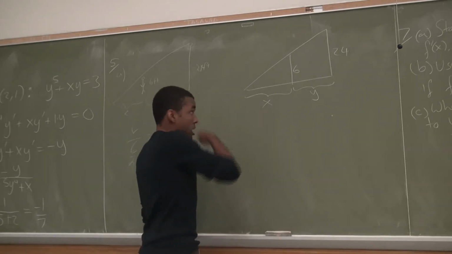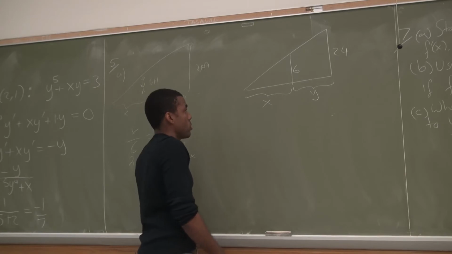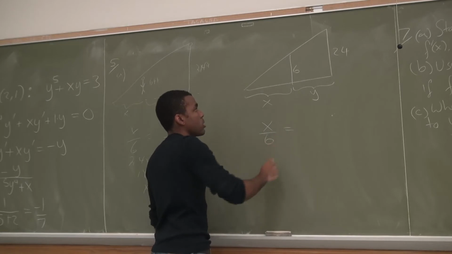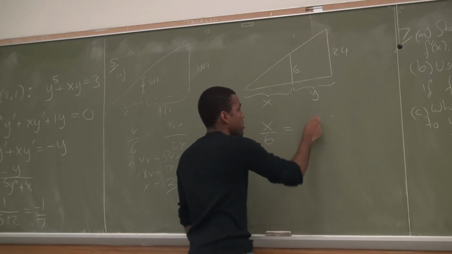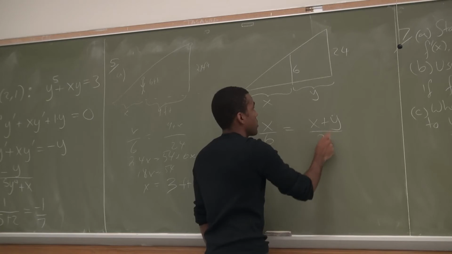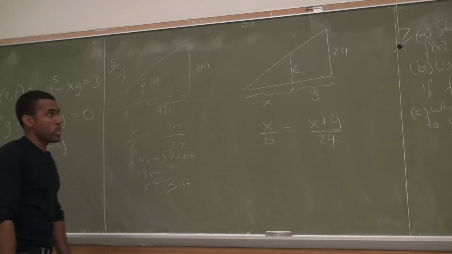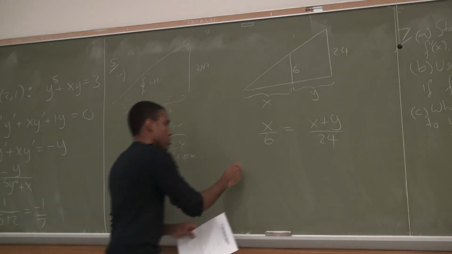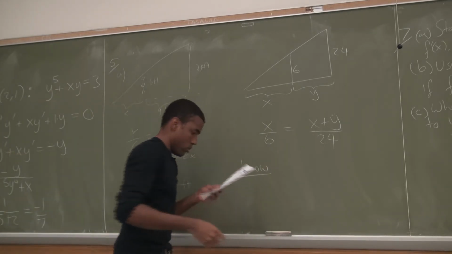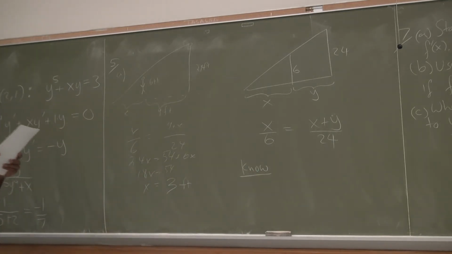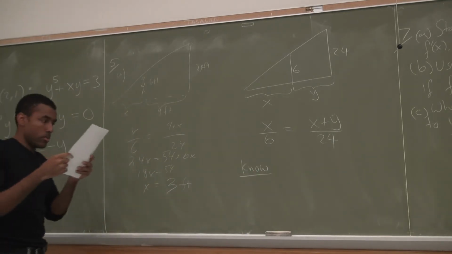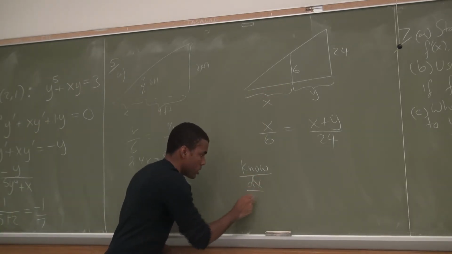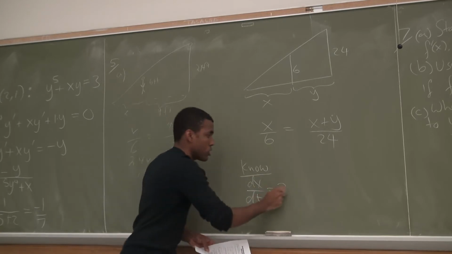And of course we can use similar triangles. So base over height for the small one is equal to base over height for the big one. That's our equation, that's our relationship. Now what do we know? We know the rate the shadow is lengthening, which is dx dt, that's just 3.